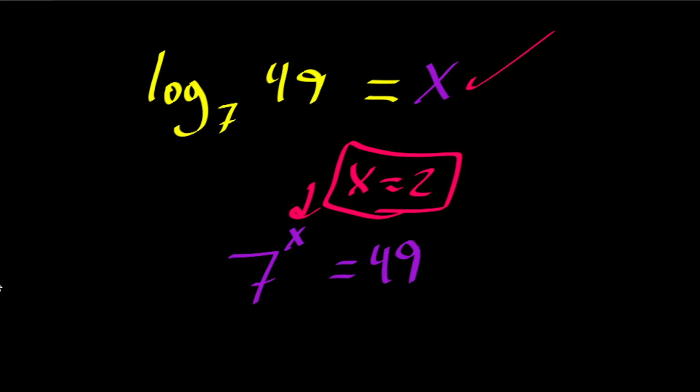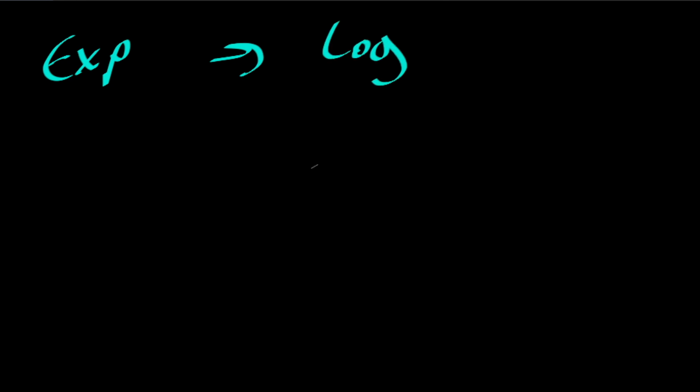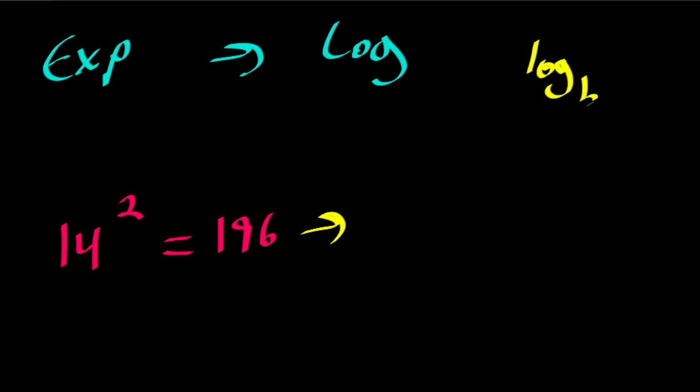All right. Now let's look at going the opposite direction, because sometimes it's good to go from exponential to logarithmic form. So now let's say I gave you 14 to the second power equals 196, and I want you to rewrite that in logarithmic form. Well, now we're just going to go in the opposite direction. We're going to take this and make it log base b of a equals x.